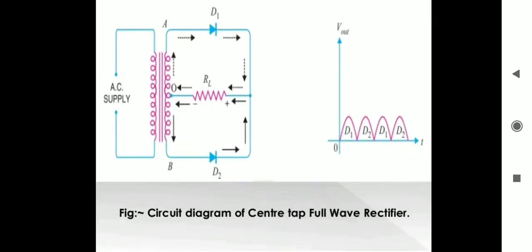Alternatively, we can say a rectifier is a device that converts alternating current AC to direct current DC. It does so by using a diode or a group of diodes. As we know, a diode permits current only in one direction and blocks the current in the other. We use this principle to construct various rectifiers.